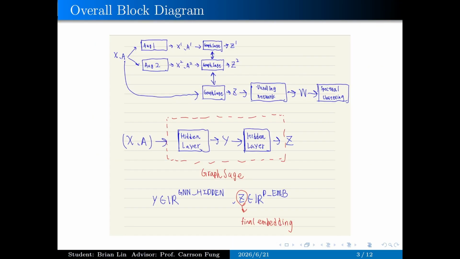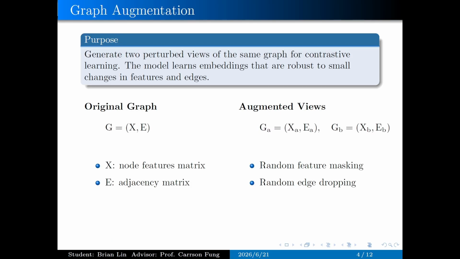And this is the overall block diagram. We may look back at this block diagram after we have learned all the individual blocks. So let's look at the first block, the graph augmentation.